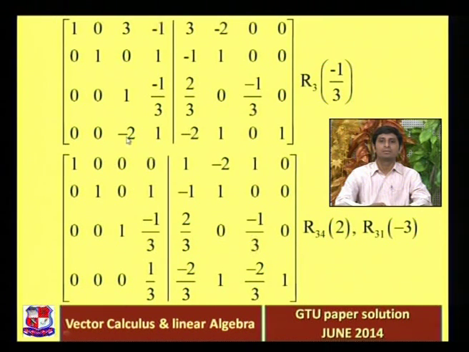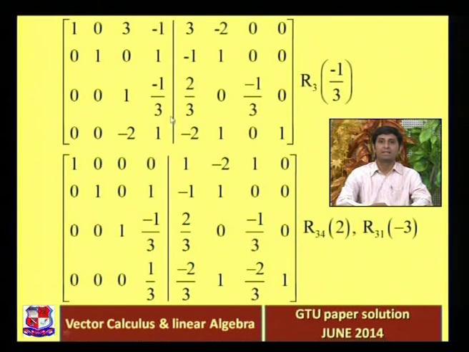So here is not 0 and here is not 0. That's why we are multiplying the third row with 2 and adding into the fourth row, and also multiplying the third row with minus 3 and adding into the first row. So 0 0 0, then minus 2 by 3 plus 1, we are multiplying the third row with 2.